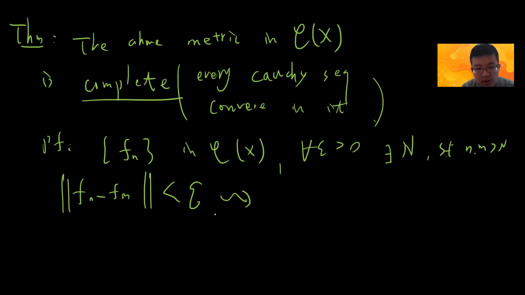So obviously, this proves, by the theorem that I just proved previously, that this implies that Fn converges uniformly.